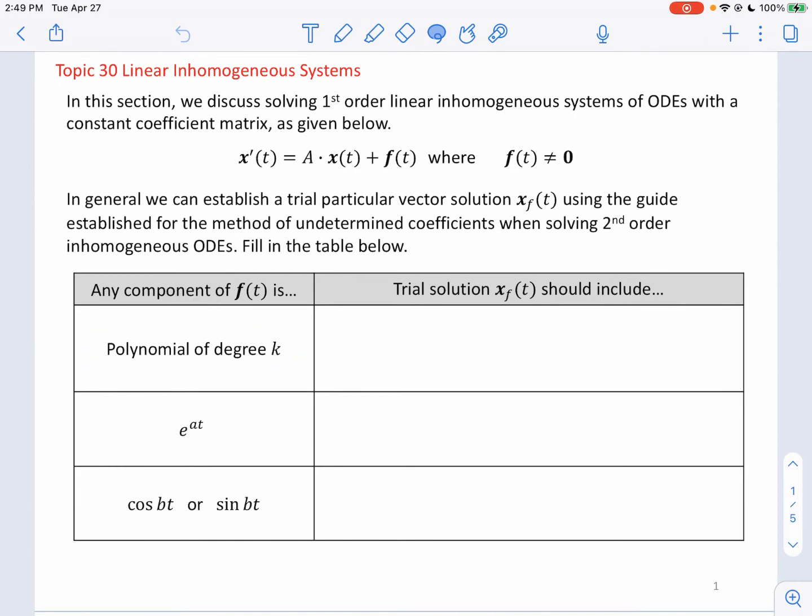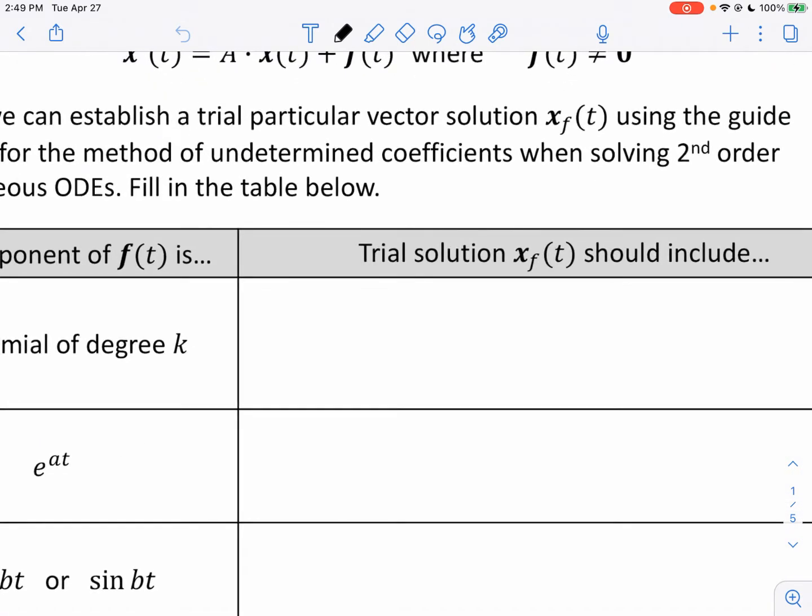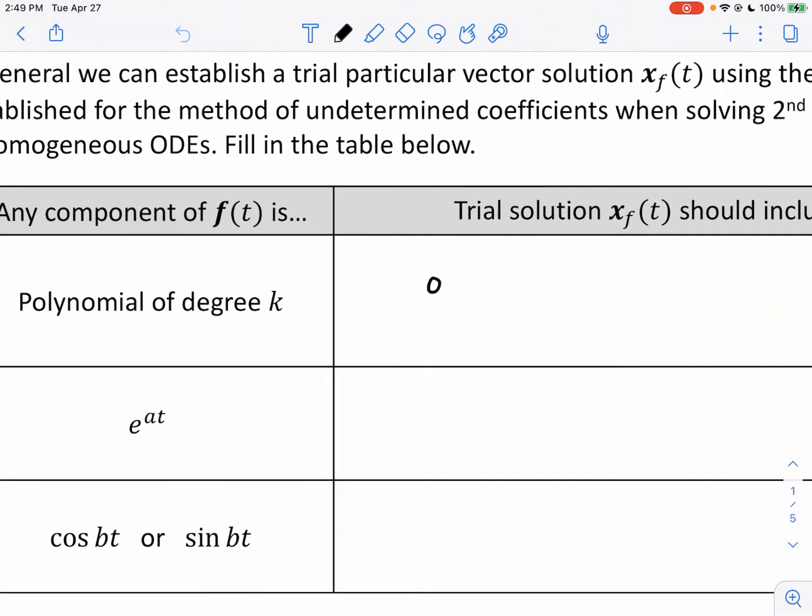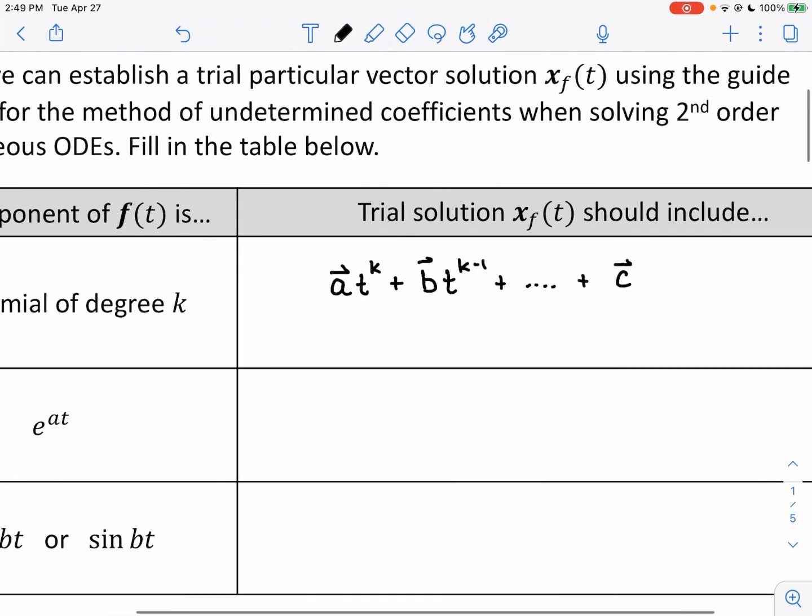Then your trial solution x sub f of t should include a polynomial of equal degree with vector constant coefficients. So it should include the following: vector coefficient times t to the k plus vector coefficient times t to the k minus 1 plus etc. down to vector coefficient of t plus vector constant.